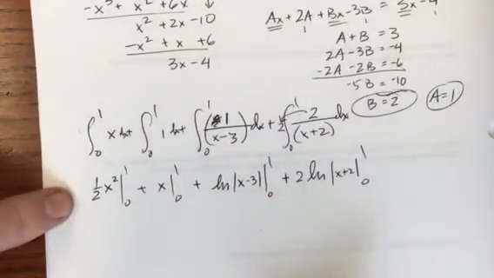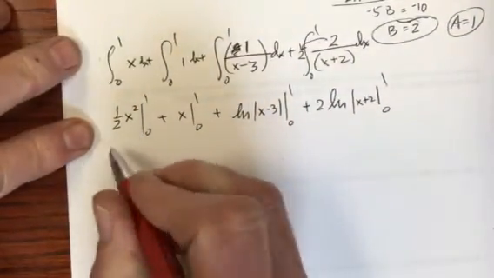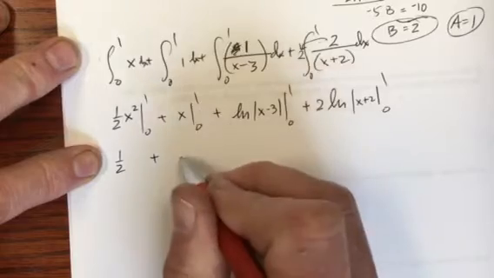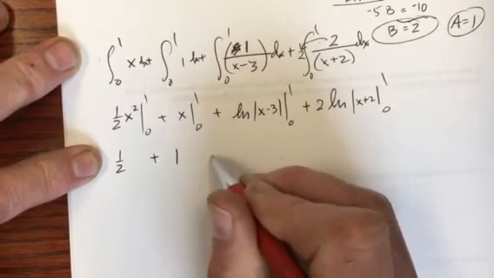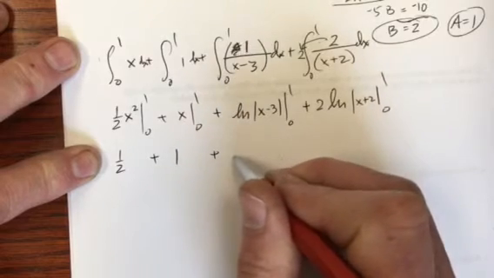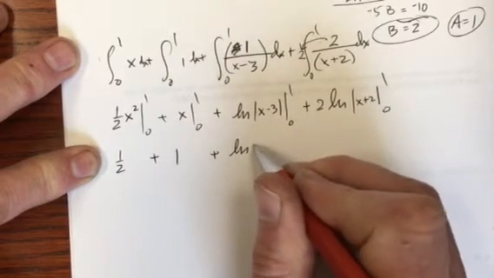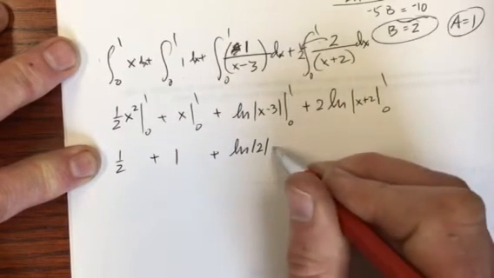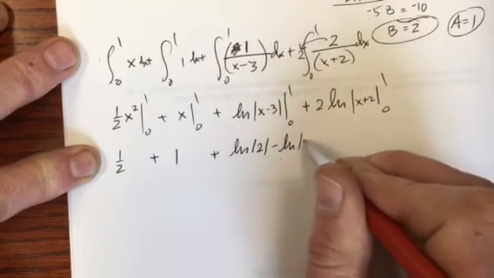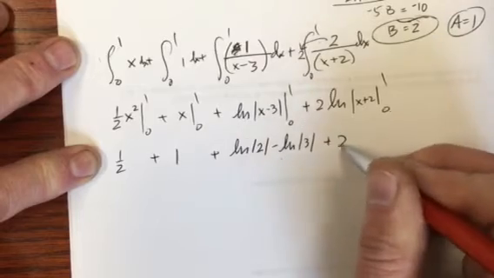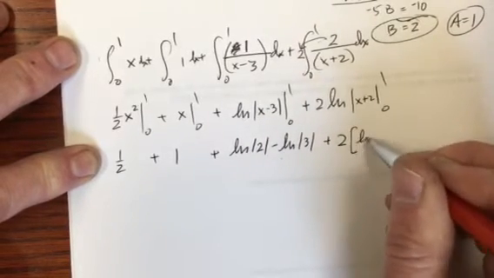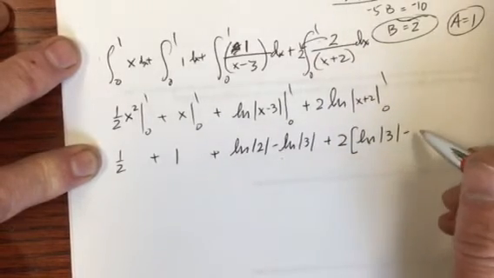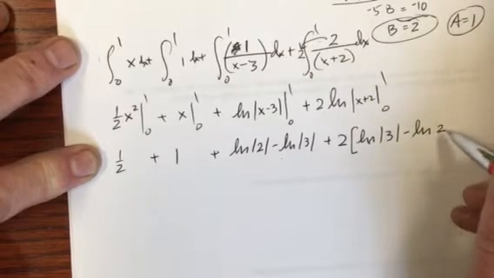And when I evaluate this, I will get 1/2 minus 0 plus 1 minus 0 plus the ln of 2 minus the ln of 3 plus 2 times the ln of 3 minus the ln of 2.